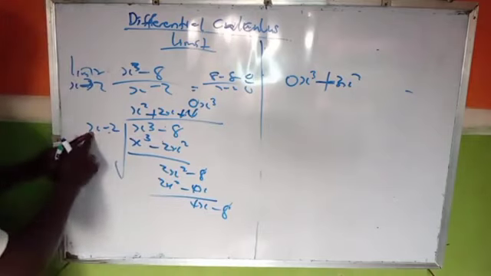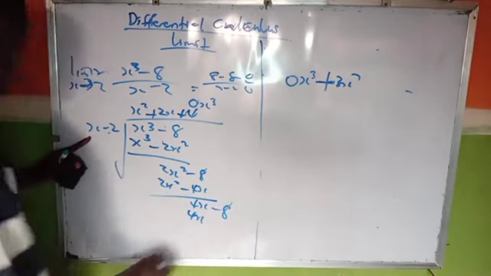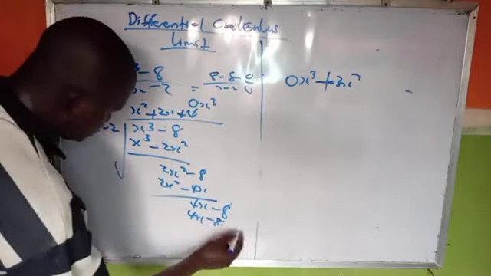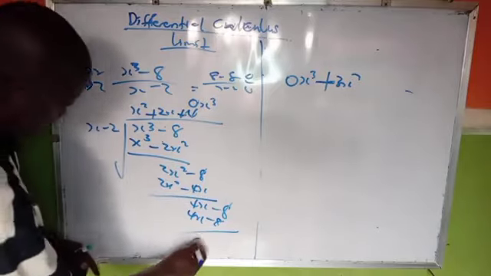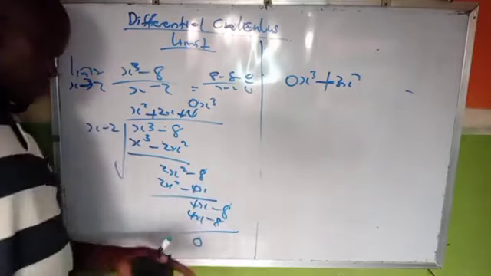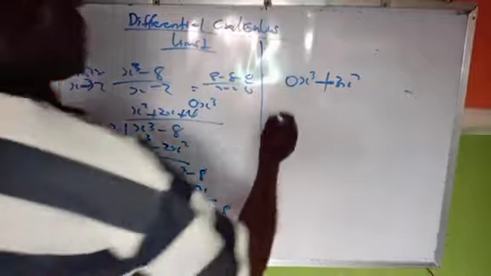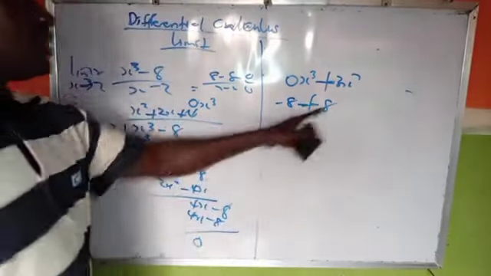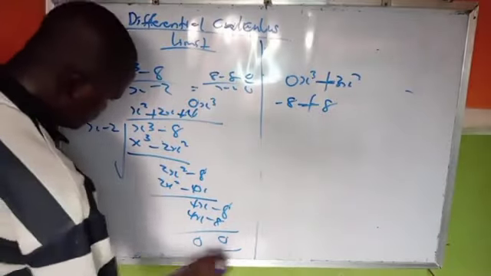Then this times this, you will have 4x. Minus 2 times 4, 8. Then you minus again. 0 minus 8 minus 8. So this is plus. So 8 minus 8, 0.